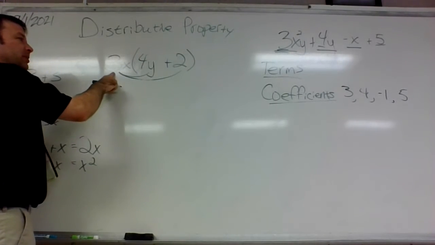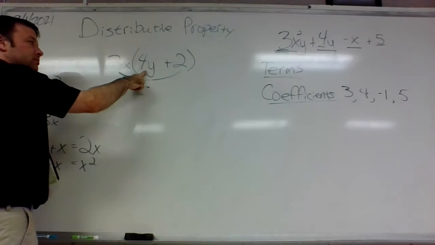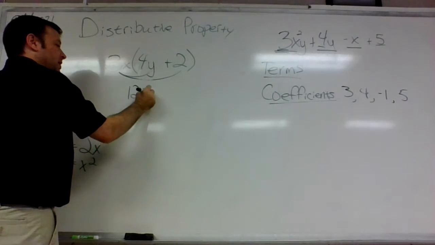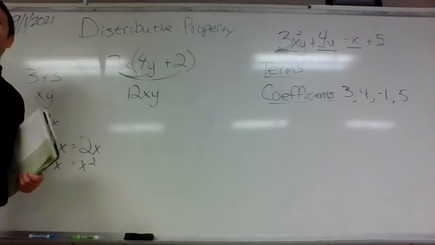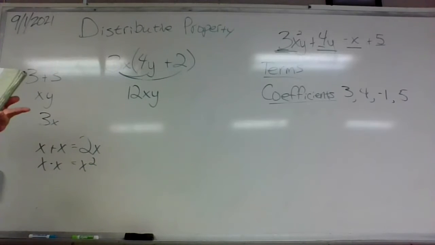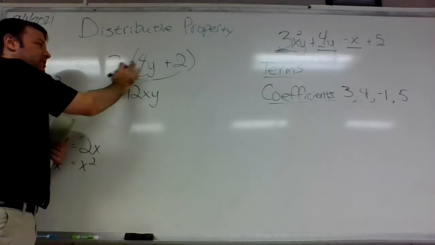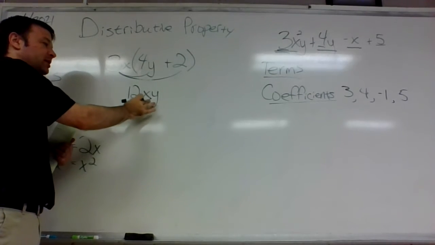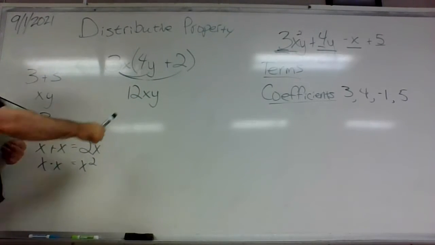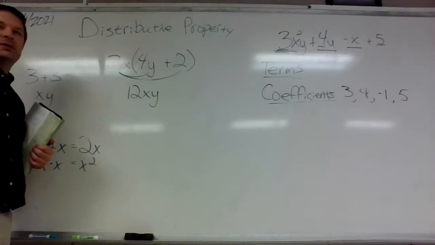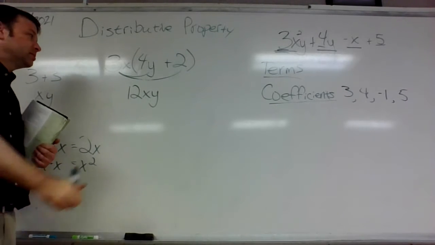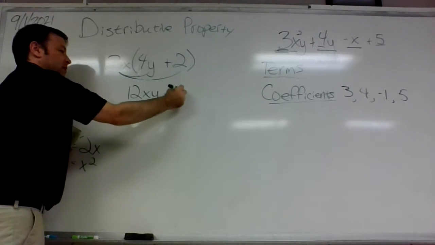Does anybody want to guess what I'm going to do for this one? 12xy. Yes, good guess. I can't really do anything with x times y, so I just put it in there. I can still do 3 times 4. I can't write x times y any simpler than that, so it just stays. And then it's still 6x over there.